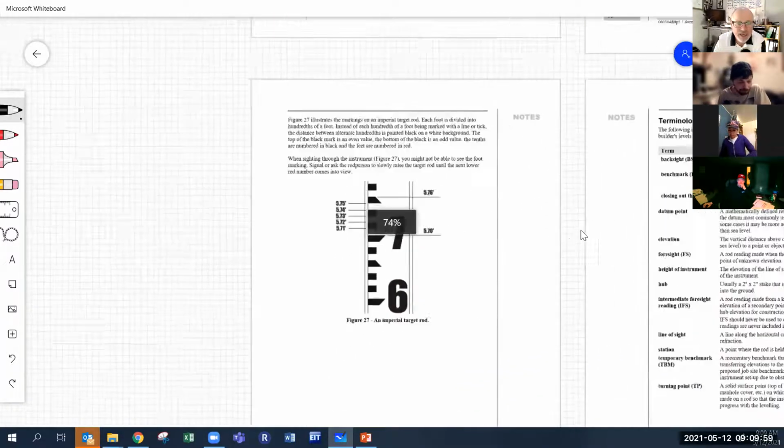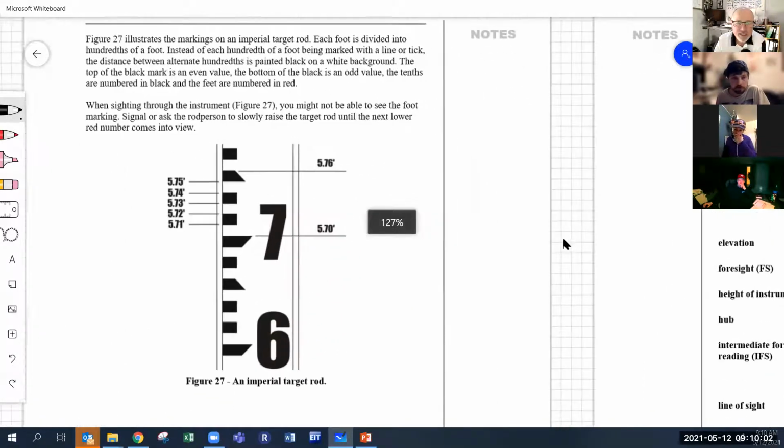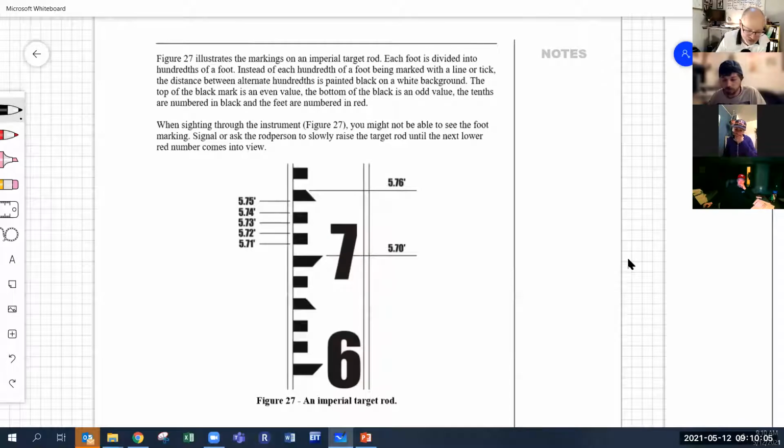Now, the imperial target rod gives you a little bit different indications than the metric. As you can see, everything is in decimals of feet. There's no fractions, there's no inches. It's all decimals of a foot is what these are. So if this is 5'7", the 7 indicates the second digit.